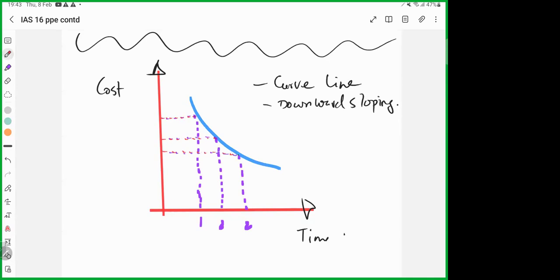Now the point I want to emphasize is this height and this height. If this height is h1 and this height is h2, which height is bigger?